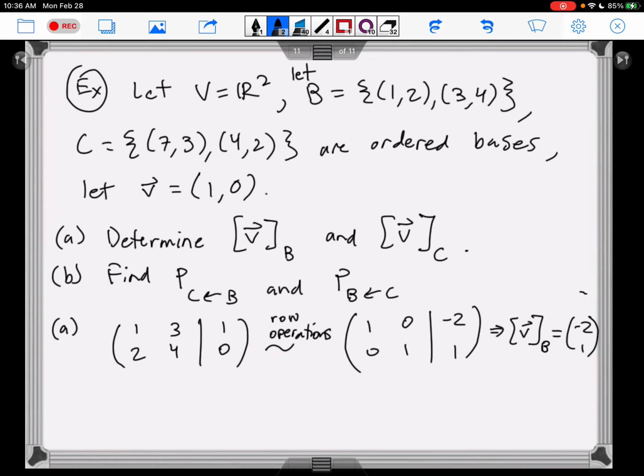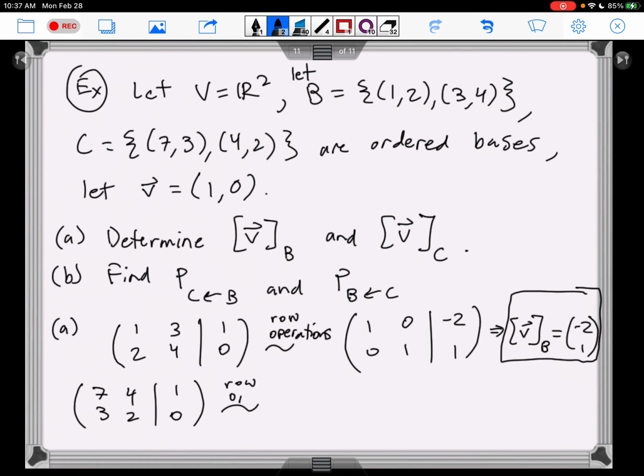So that is our first guy they asked us for. They also wanted us to find V relative to C. So we're going to take these guys here and put them as columns, right? So we have 7, 3, 4, 2, and we put 1, 0.